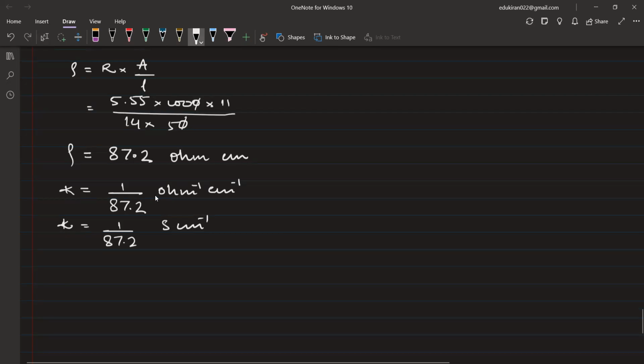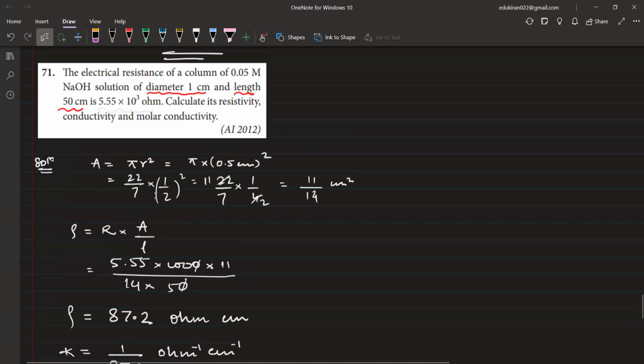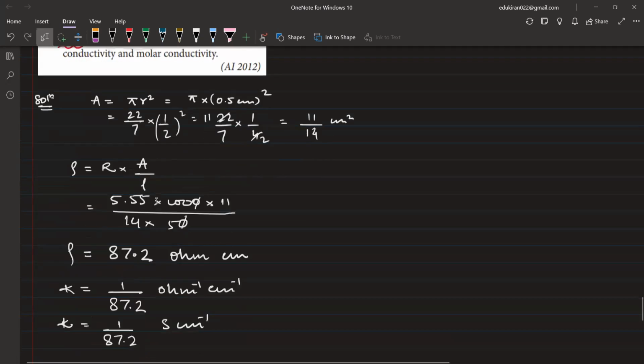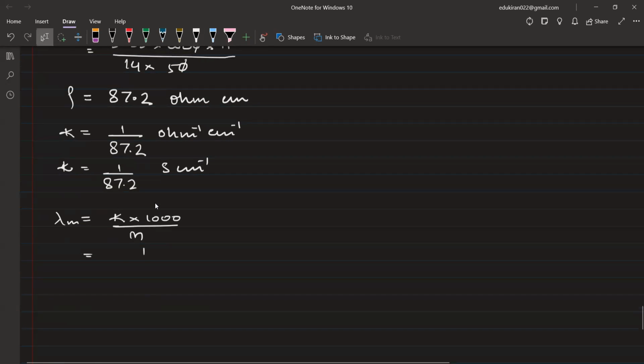Now comes your molar conductivity. The kappa into 1000 divided by the concentration. You have been given the concentration 0.05 molar, right? So kappa is 1 upon 87.2 into 0.05. This is into 1000.